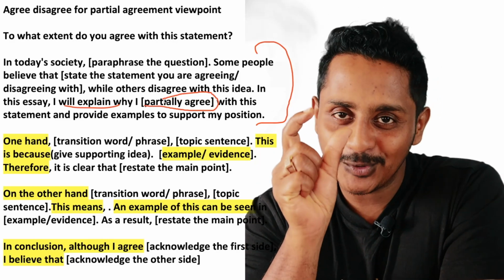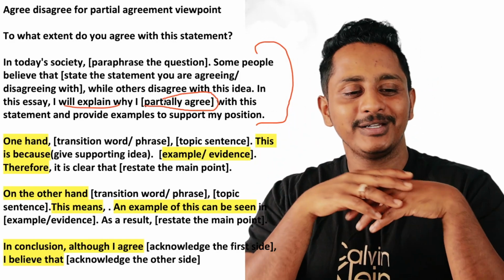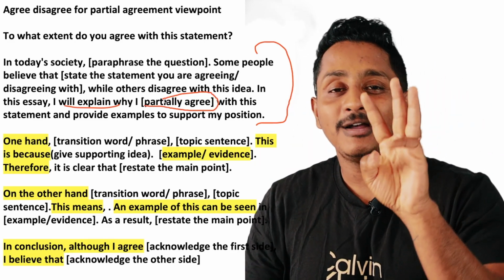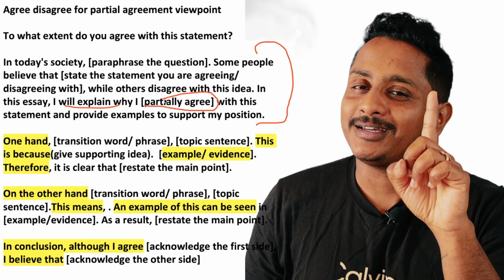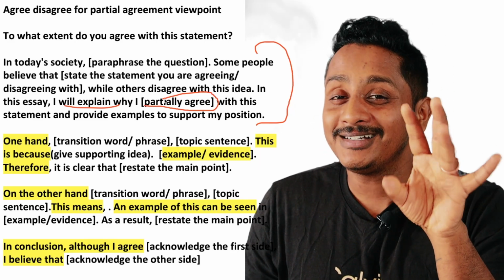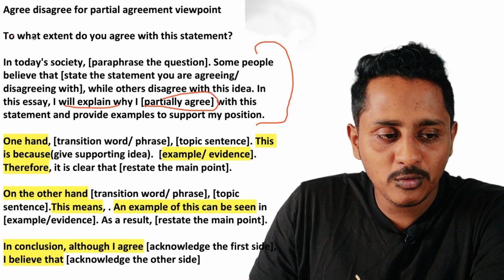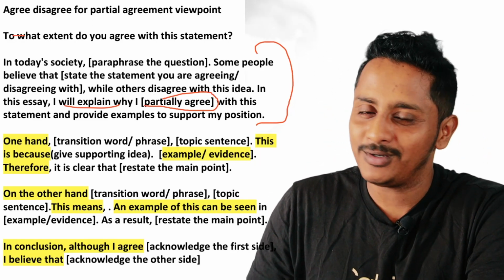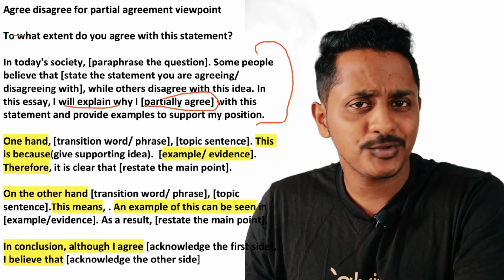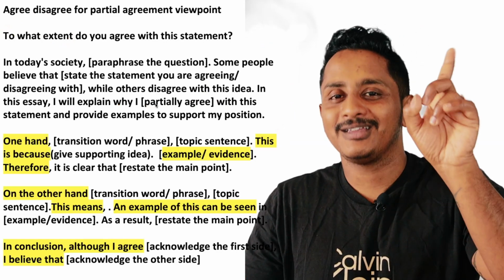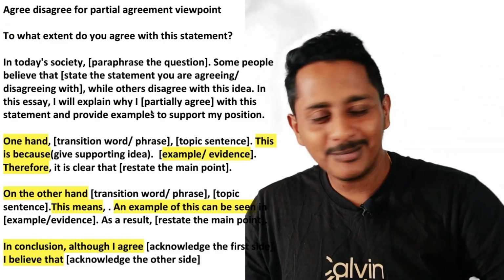You have this extra word to what extent, wherein you take that leverage to actually have a third viewpoint. First viewpoint I completely agree, second viewpoint I completely disagree, third I partially agree. This comes only for the question to what extent. If there is no to what extent, then gone case, you cannot have it. Do you agree, disagree? There is no question of partial agreement. To what extent if they ask, then you can utilize, you can agree, disagree and follow the previous template.